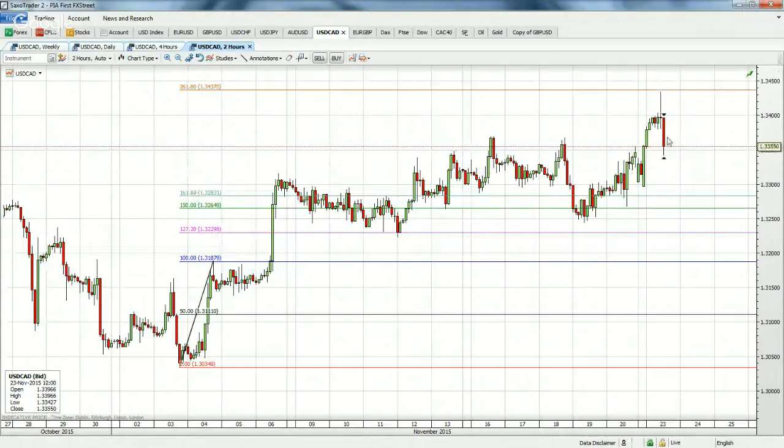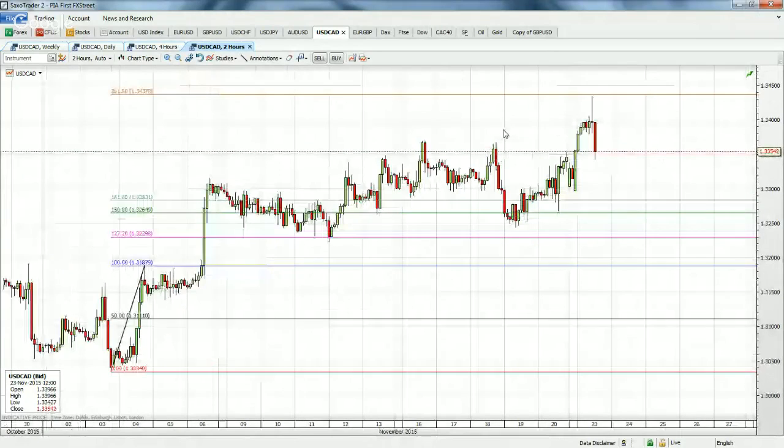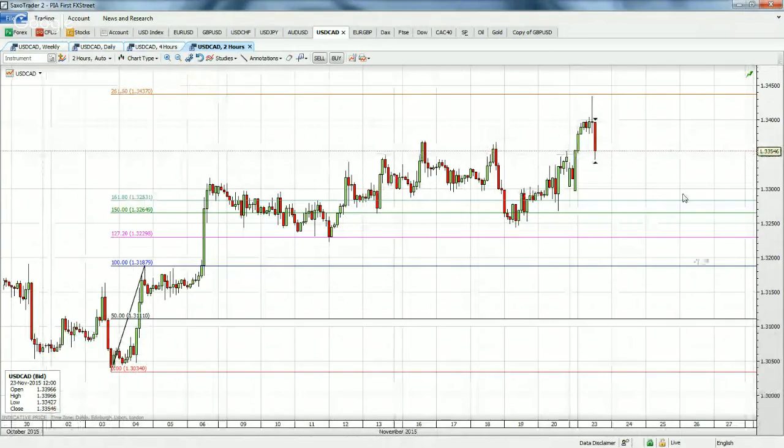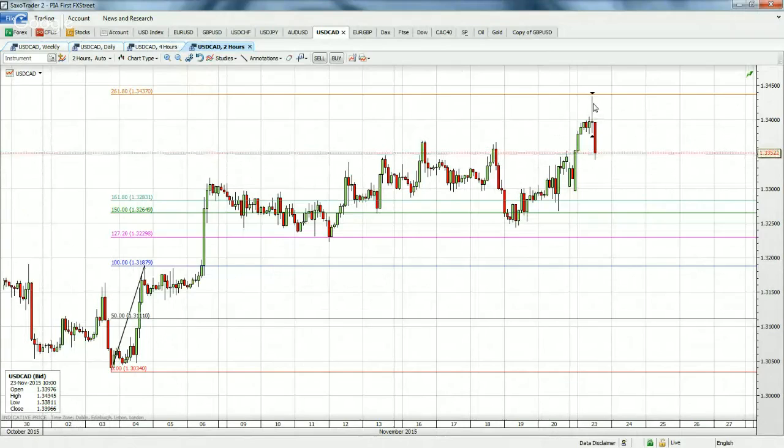I think what we're going to do intraday now is move down towards 132.50, and then possibly get a bounce up, form a head and shoulders formation, and then get a deeper correction lower. But the intraday bias is definitely flipped to the downside now for dollar CAD.